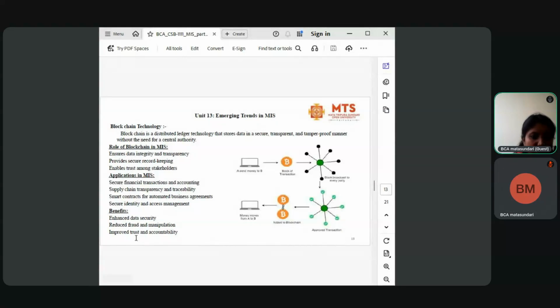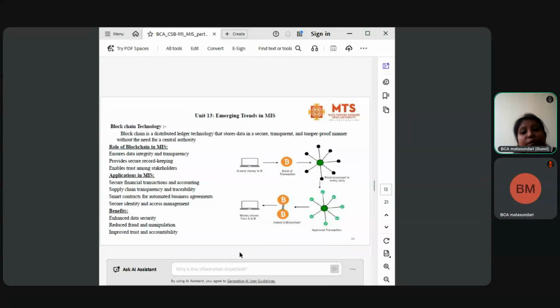So blockchain technology. Blockchain is a distributed ledger technology that stores data in a secure, transparent and tamper-proof manner without the need for a central authority. The role of blockchain in MIS is that it ensures data integrity and transparency, provides secure record keeping, and enables trust among stakeholders.